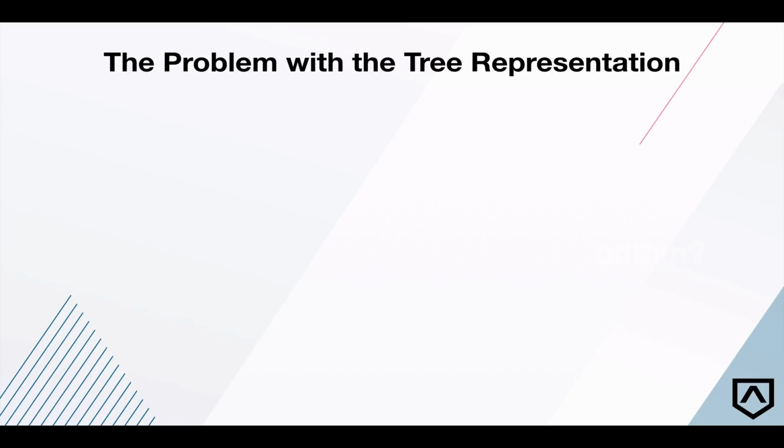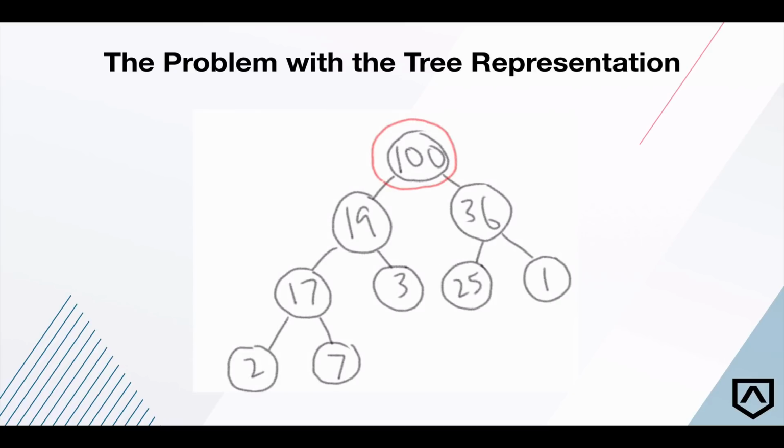The problem is we only have direct access to the root of the tree. That's nice when we want to fetch the priority element, since we have constant time access to that. But then we don't have direct access to any of the other nodes.